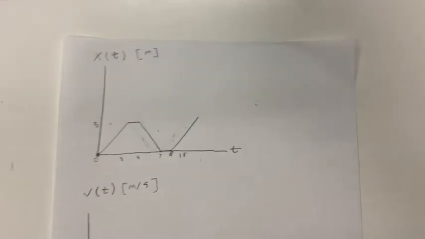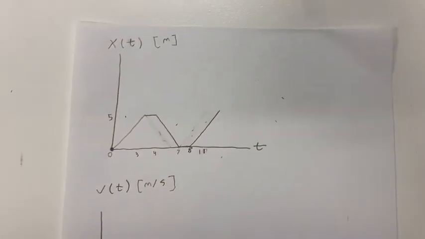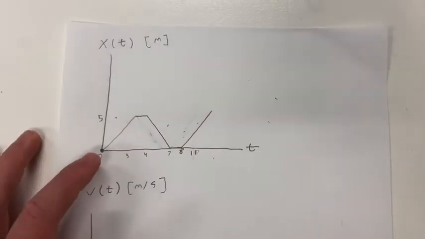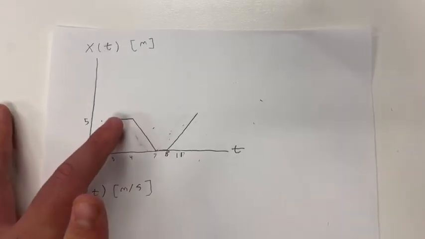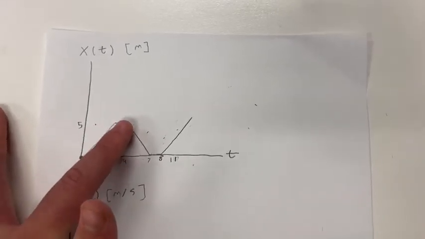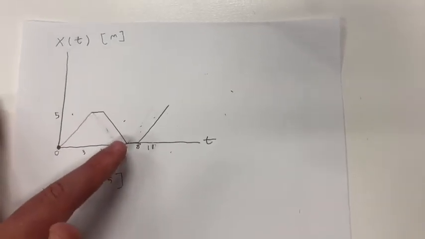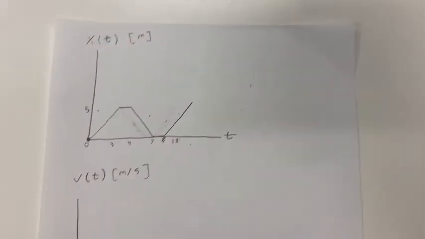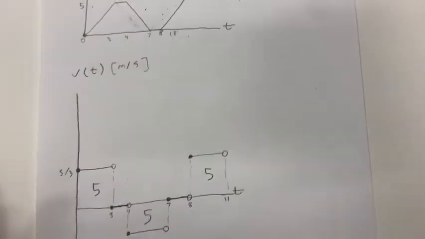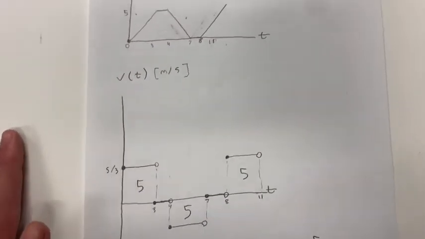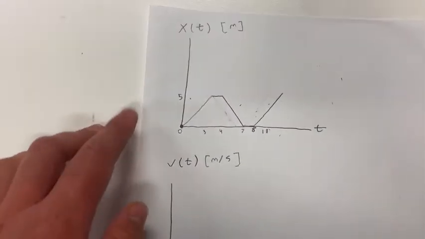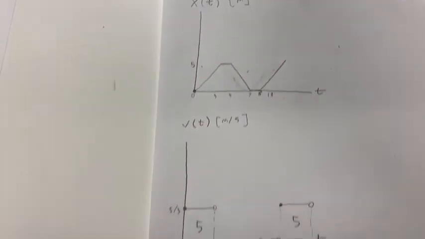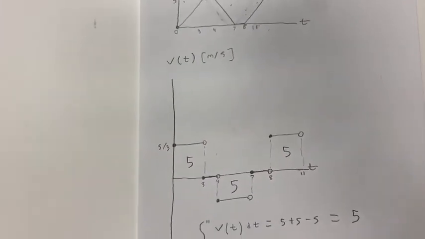So the position graph. Remember, in this scenario, we're starting in my room at 0 meters. We're walking 5 meters to the kitchen, seeing that we forgot my phone, walking back to my room, getting my phone, and then simply walking back to the kitchen. So the velocity graph for this: since we are moving 5 meters in 3 seconds, we're moving at 5/3 meters per second.